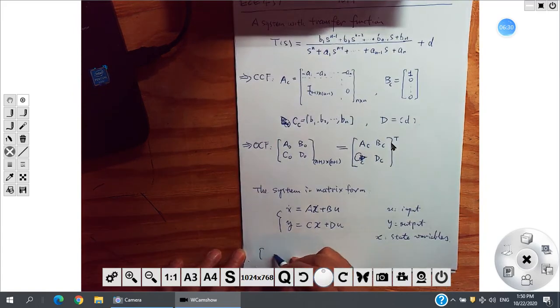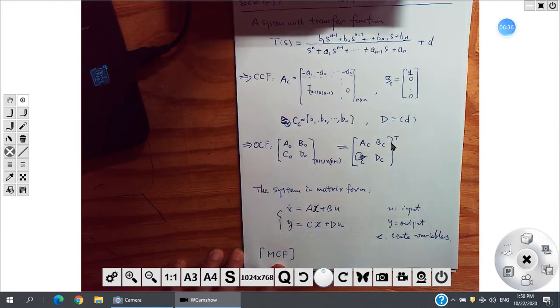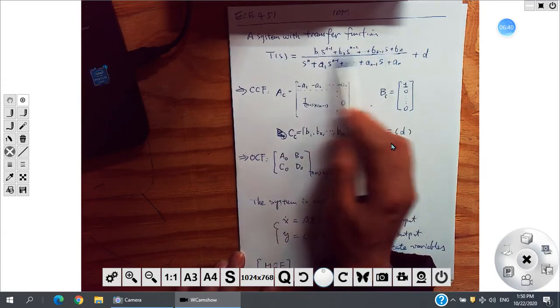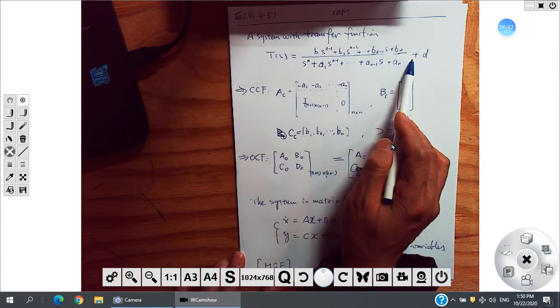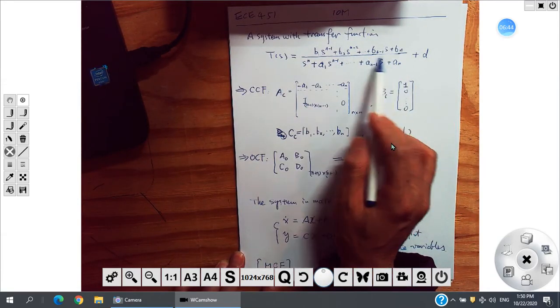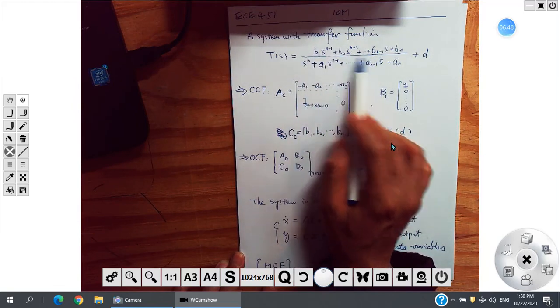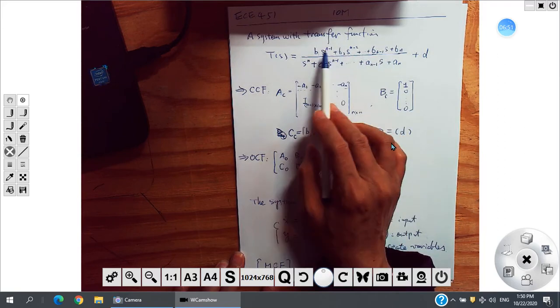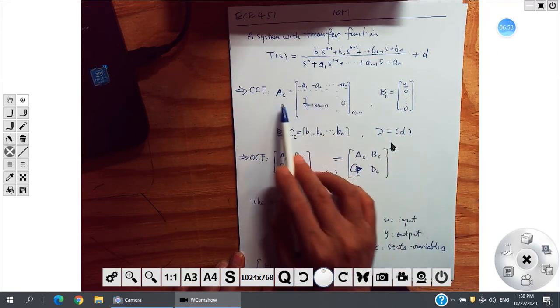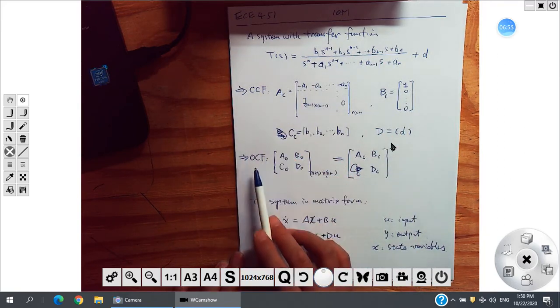That is the MCF, the modular canonical form. You need to perform the partial fraction of T(s) and rewrite it as a summation of several fractions. Each fraction you can use either CCF or OCF.